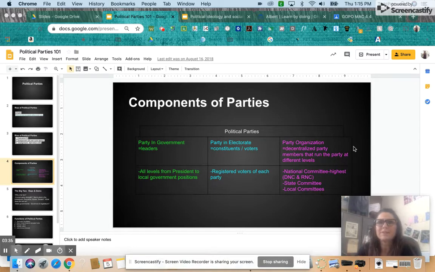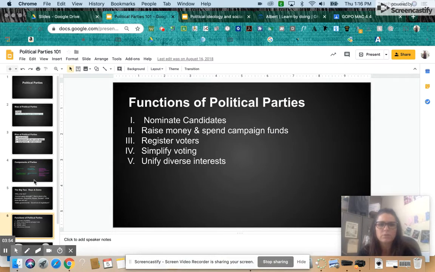As primaries have taken over this election process, it's actually weakened the parties quite a bit. So one thing is they nominate people and help to get them elected into office. Another thing that they do is they raise and spend campaign funds. They raise money and they spend money on campaigns.